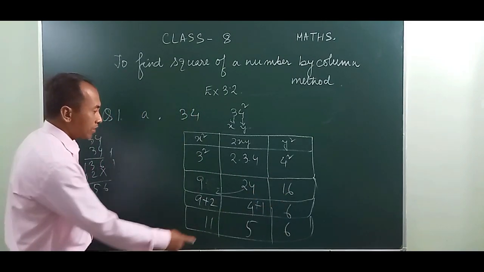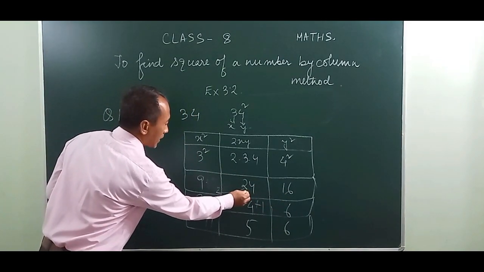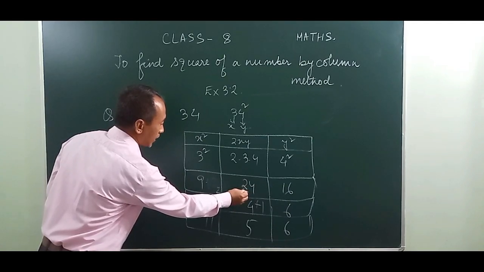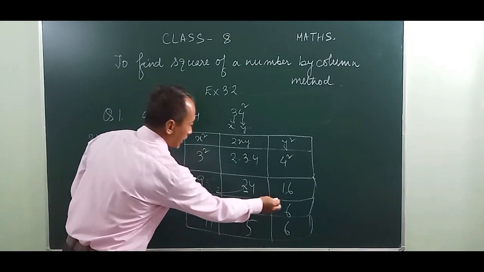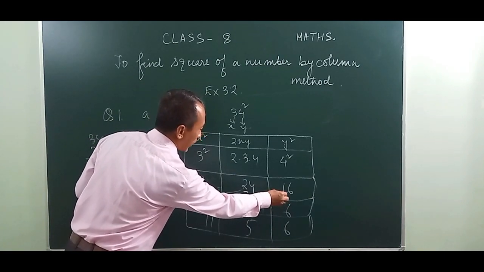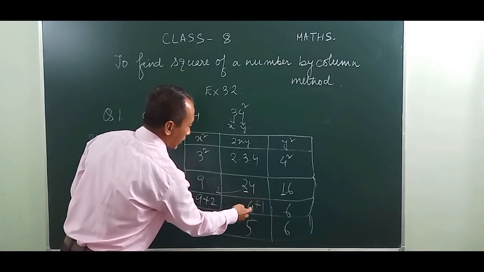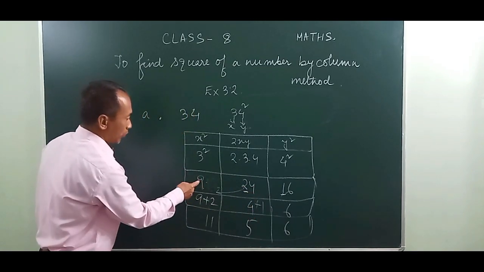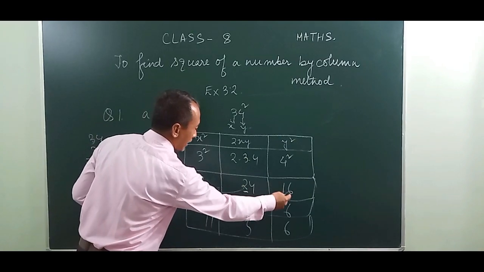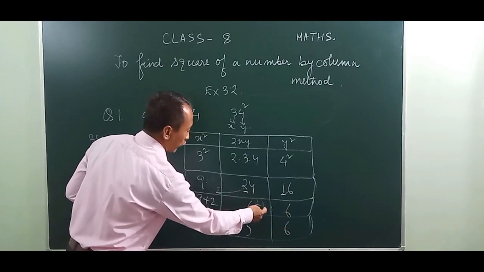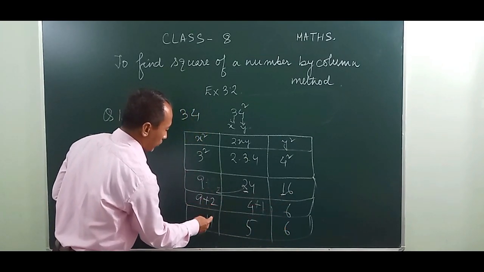So the digit in the tens place of 2xy will come here in x square, 9 plus 2. And the digit in the tens place of y square will come here, 4 plus 1. With 9 you will add 2, and with 4 you will add 1, and 6 will remain as 6. So 4 plus 1 is 5, and 9 plus 2 is 11.